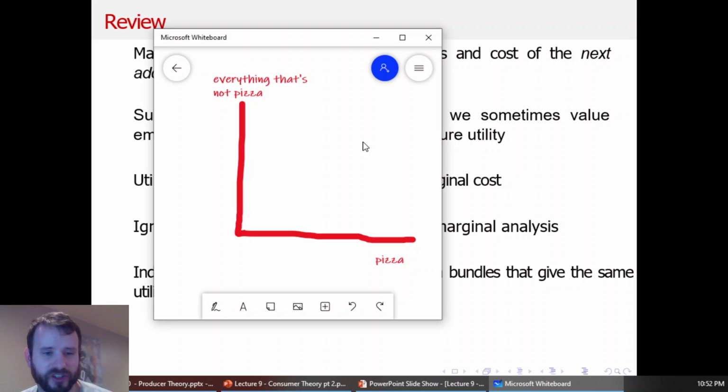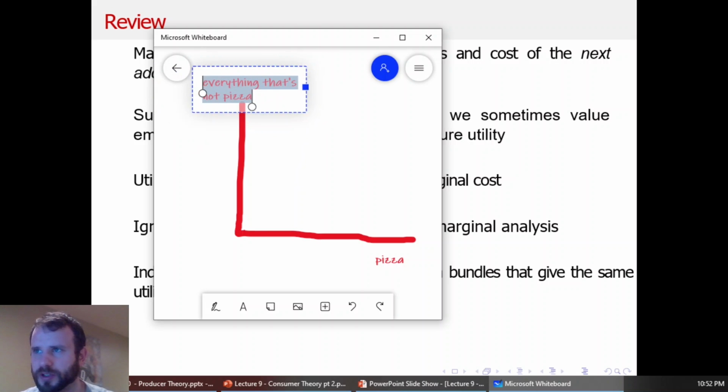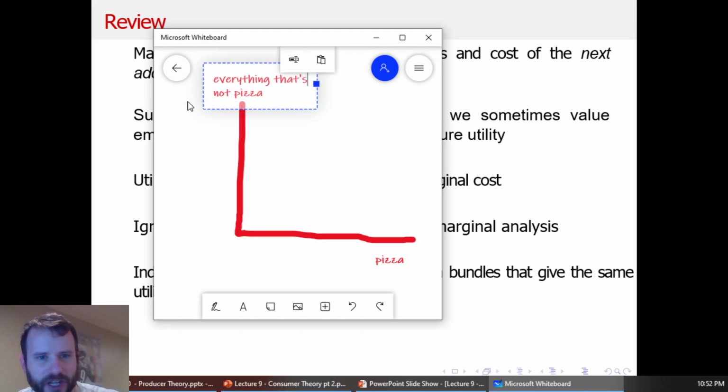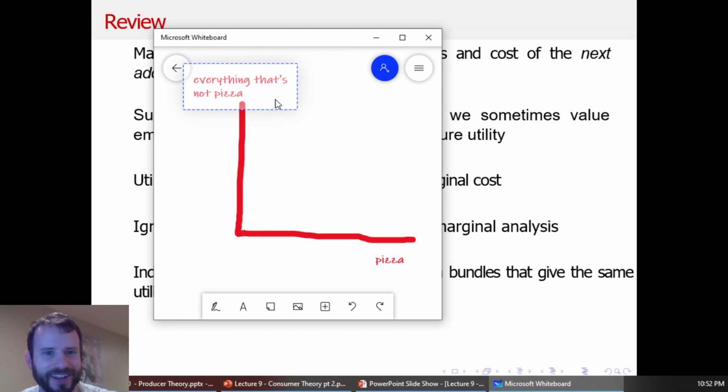So basically you have a consumption bundle of two goods, but one good is really many goods in this case, okay? It could be a consumption bundle of pizza and Mott's sticks if I wanted. Doesn't have to be though. Okay, depending on what the consumer's making a choice on, but I want them to make a choice on pizza and everything else.